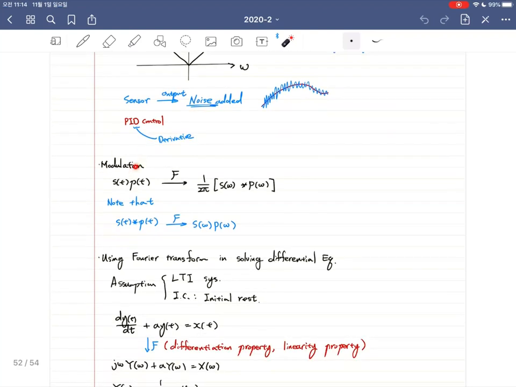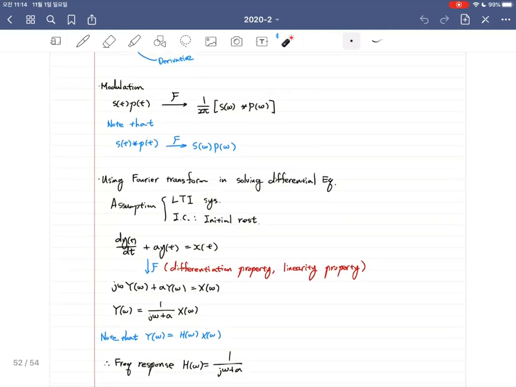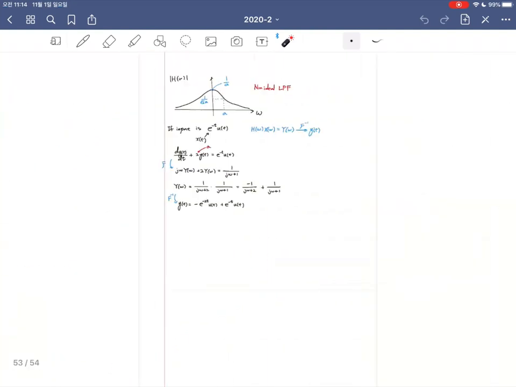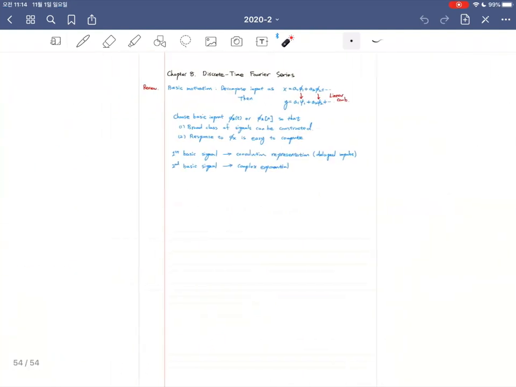Also, the modulation is about the reverse step of the convolution, and thanks to the duality, you have this additional property. And we covered the usage of this Fourier transform in solving the differential equation. And that was the end of the previous chapter.